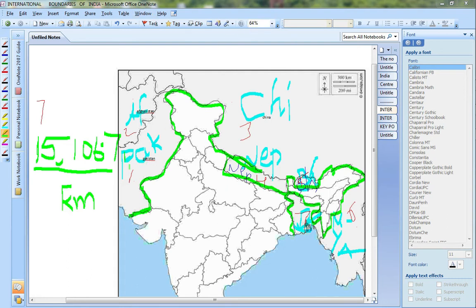Again we are repeating, what are our neighborhood countries? Pakistan, Afghanistan, China, Nepal, Bhutan, Myanmar and Bangladesh.